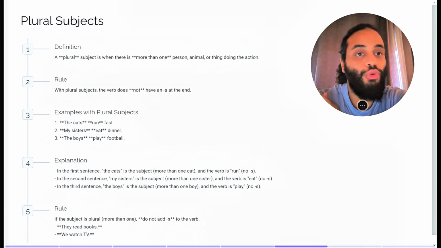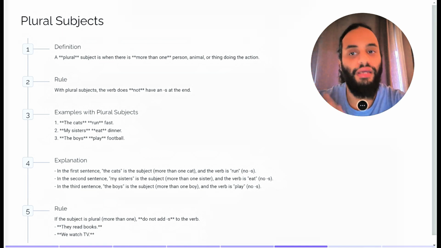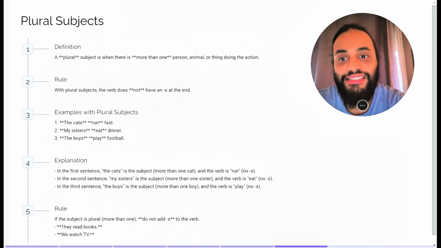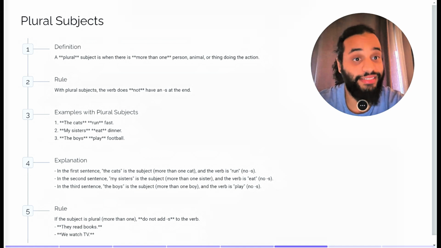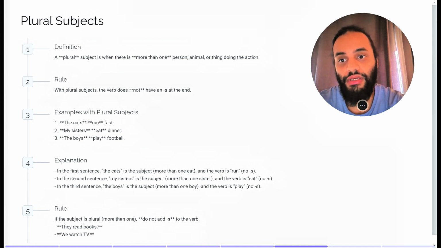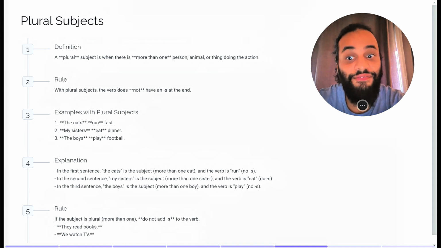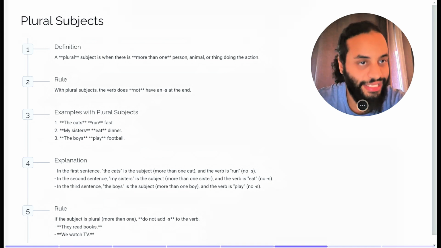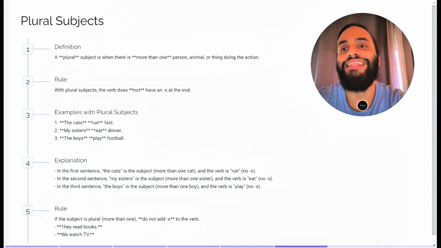The verb no longer requires an S, okay? Another example, my sisters eat dinner. The boys play football, okay? So once again, the rule is if the subject is plural, more than one, do not add an S. I repeat, do not add an S.